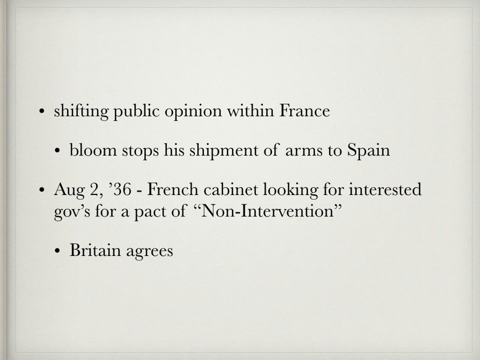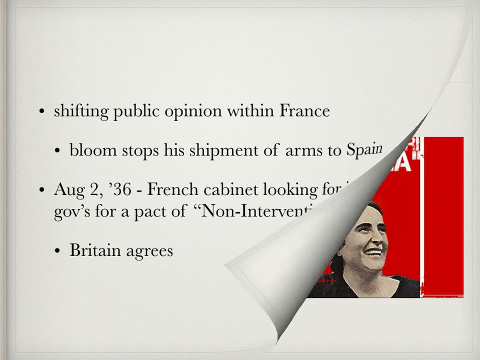It's no longer going to send aid and supplies to the Spanish Republic, and in a pact with Britain will become non-interventionalists. Now, at this point, the Spanish Republic really feels let down. Under international law, Spain was legally entitled to buy arms abroad, but the non-interventionalists stopped that.